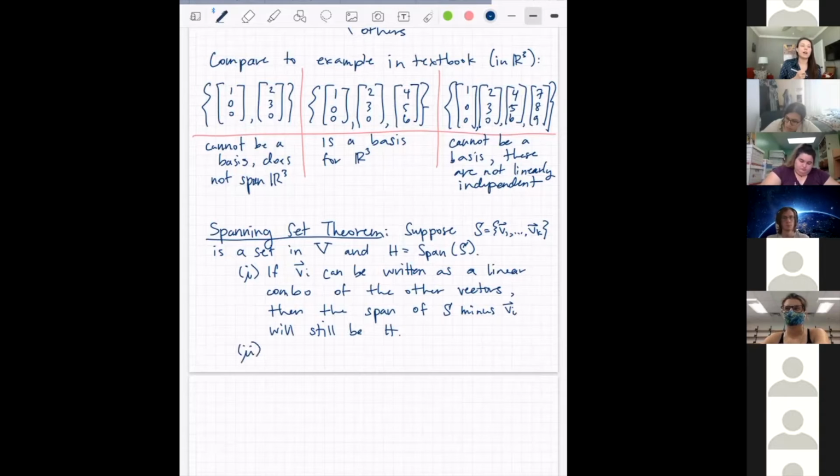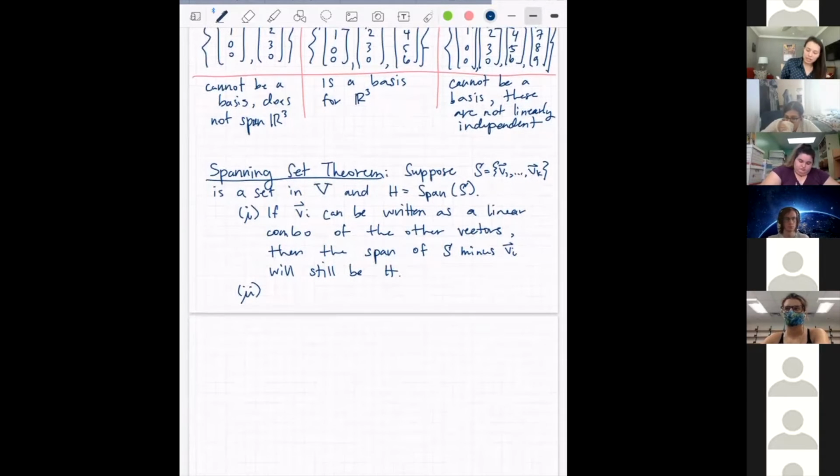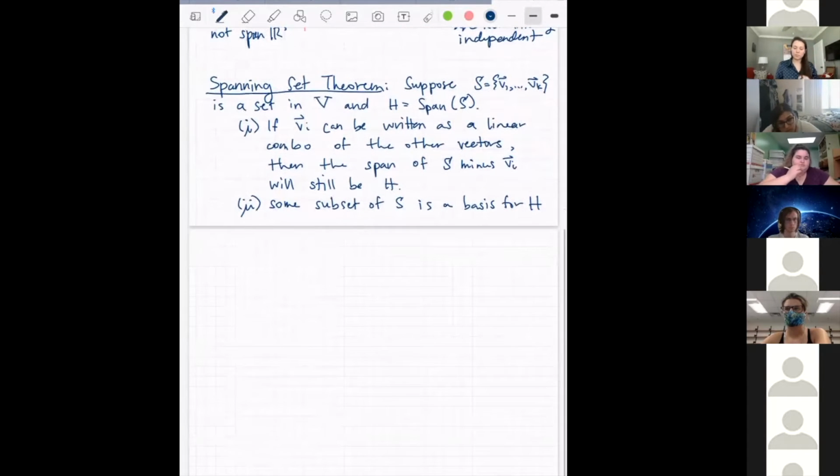Okay. And then related to this is that some subset of S, it could be the entire thing or it could be smaller, is a basis for H, right? Okay.